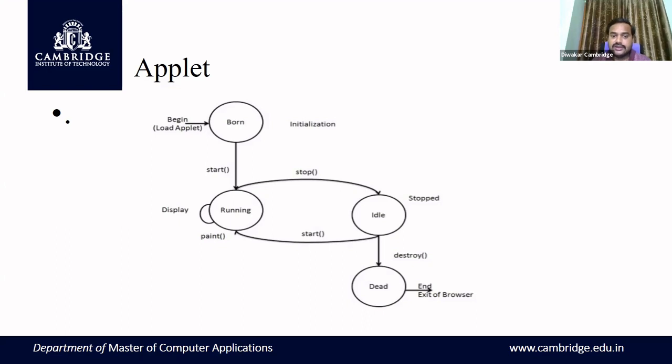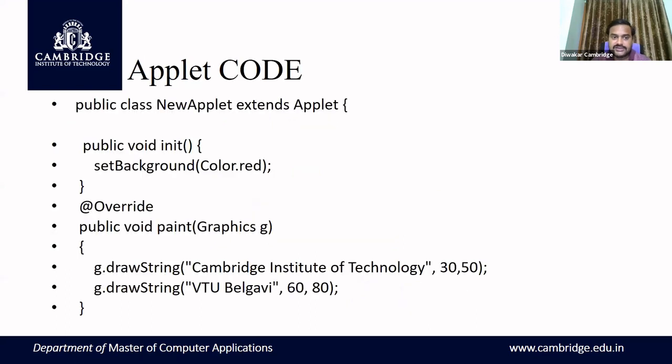Now see, it has these methods. For starting an applet, we have a start method. If you want to display an output, you have a paint method. To destroy an applet, we have the destroy method. Now this is the applet code.